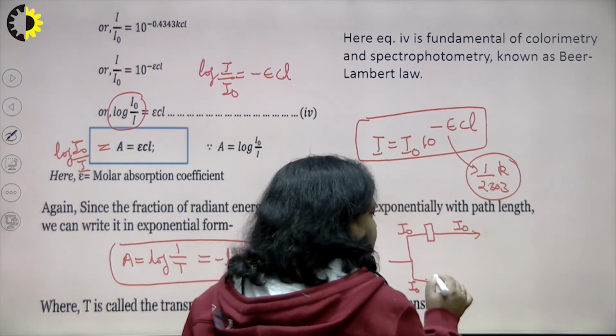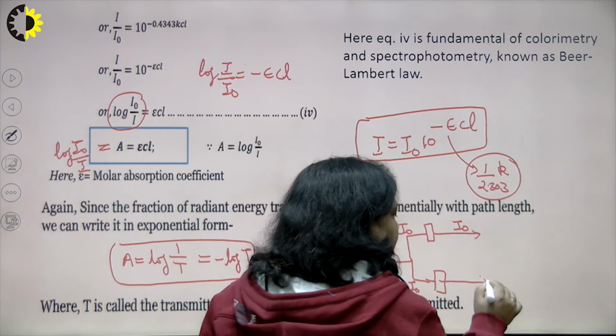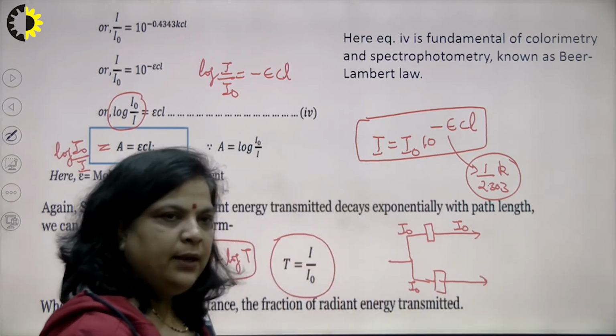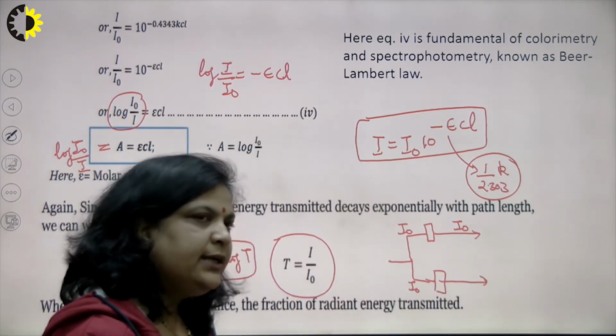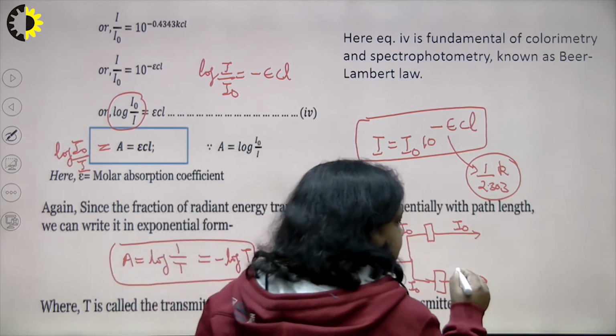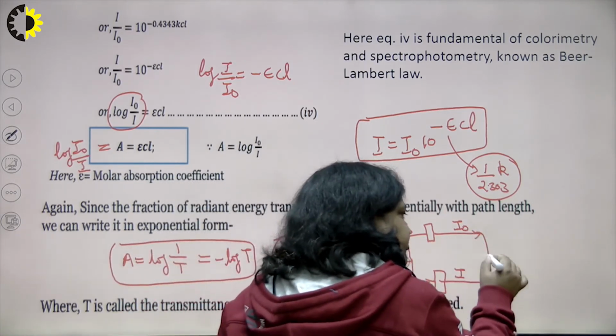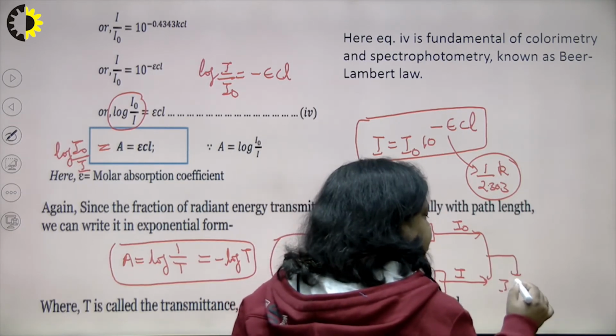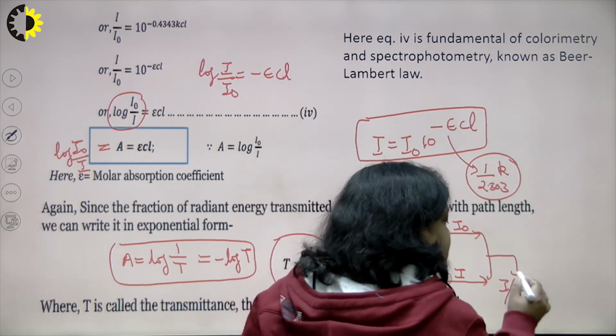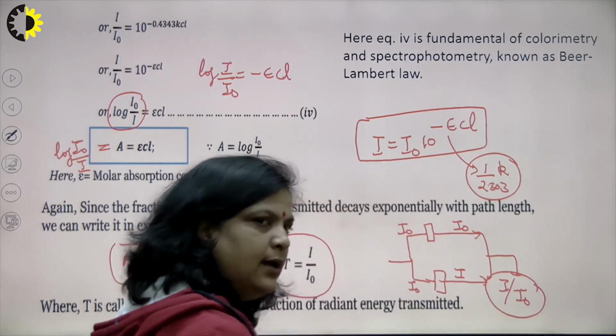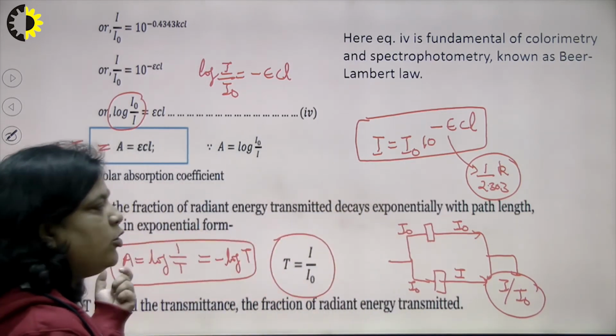But here suppose we take a sample, and after passing through the sample, a part of it gets absorbed, let the intensity after passing this medium be I. So the factor which relates I with I naught is called transmittance.